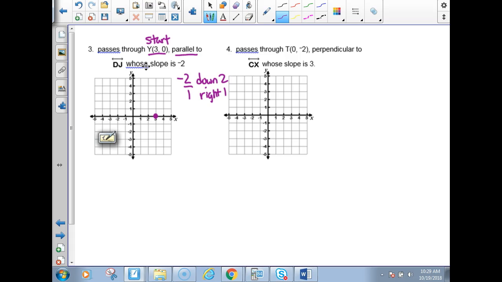So if this line has a slope of -2, then the parallel line would have the same slope. So that's why I'm using -2 over 1. So I'm going down 2, right 1, down 2, right 1. I can go back to my point Y and do up 2, left 1. And then just graph the line.